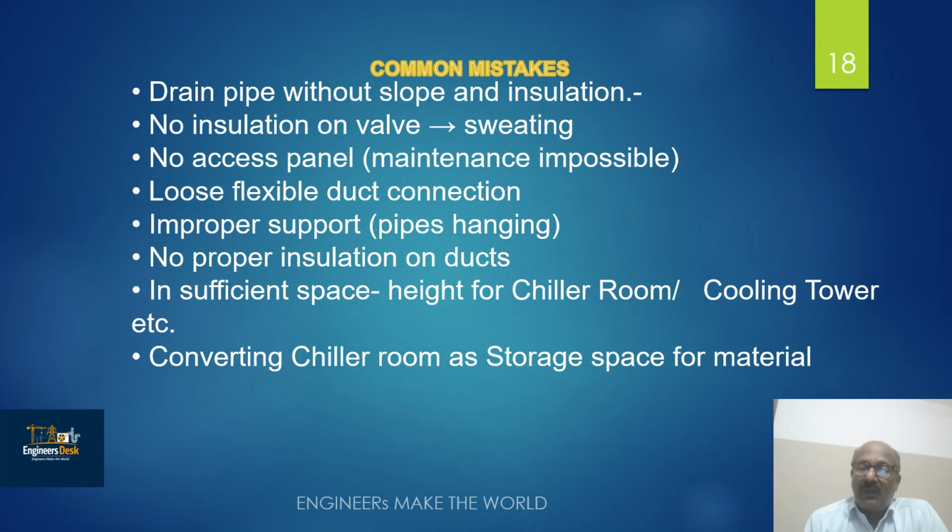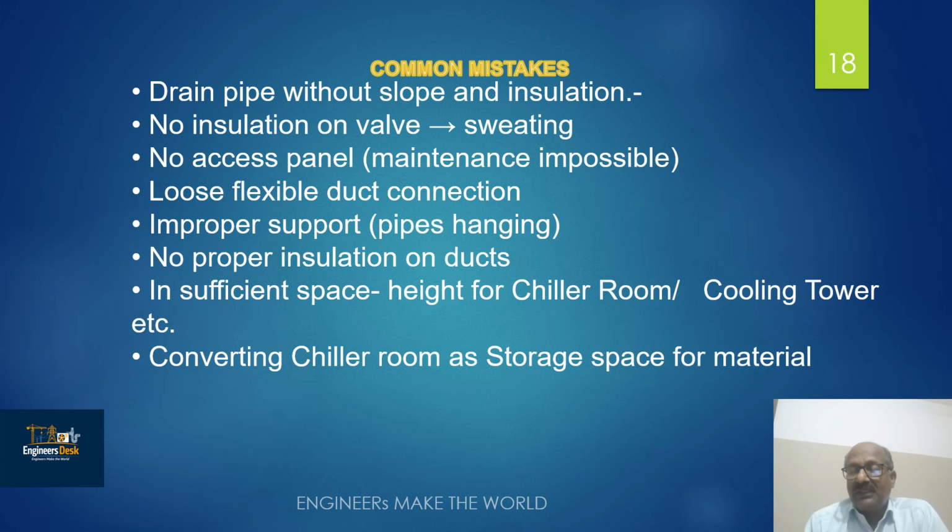Another general mistake is insufficient space height for the chiller room, and no space availability for the cooling tower. Generally, the cooling tower will be fixed at the roof side, and the chiller room requires sufficient space to do maintenance and everything.